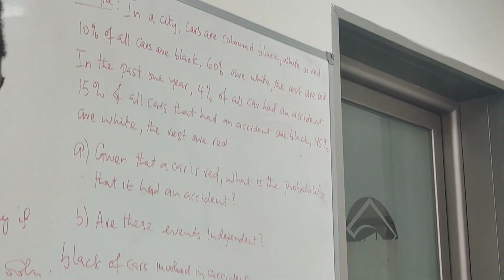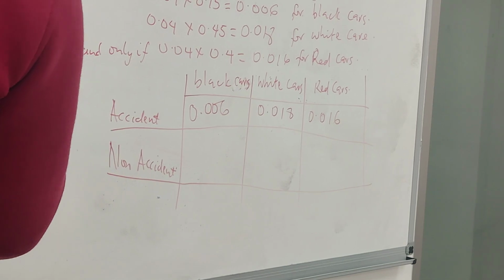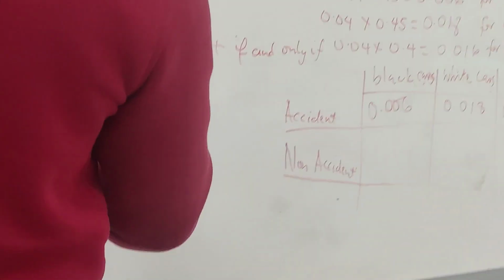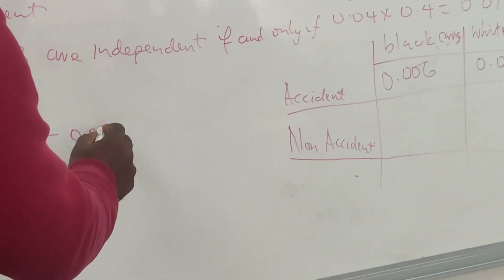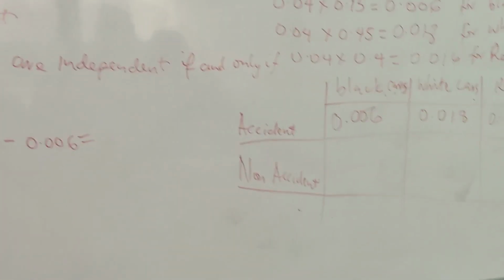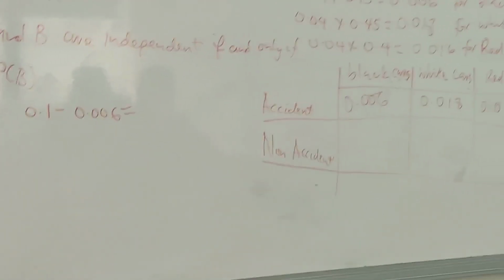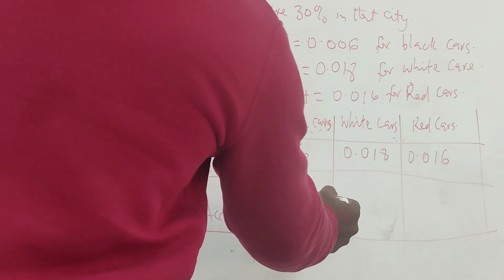So to get the black cars that are not involved in accidents, we have 0.1 subtracted by 0.006, and that will give us what? Can you punch your calculator and tell me? For black cars that are not involved in an accident, the probability is 0.094.